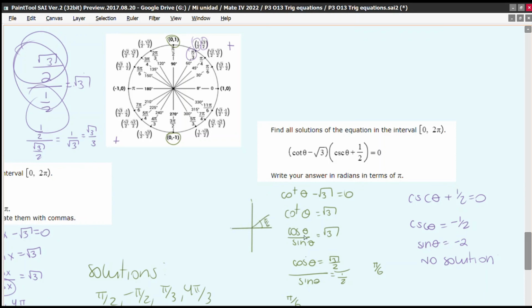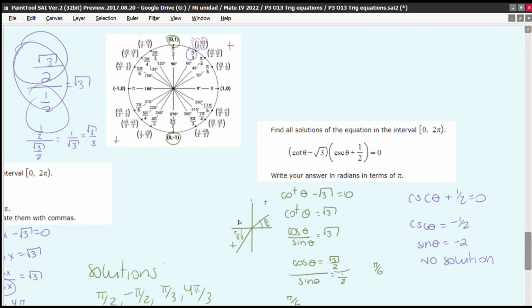And I know that here in this quadrant, cotangent is positive because it's positive over positive. In which other quadrant is cotangent positive? Right here, because you have minus over minus, so positive. So I know that the other solution that I'm looking for is right here. And this other solution, even though my picture clearly doesn't show it, has the exact same reference angle of pi 6.